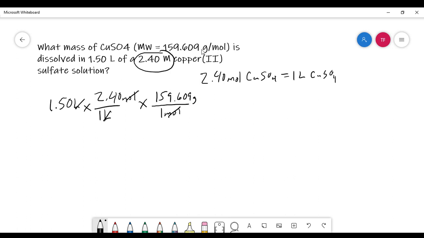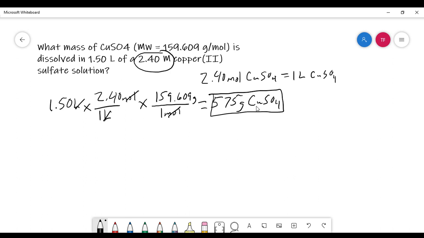Now, I've given you the molar mass, but you definitely wouldn't have to be given that. You may have to solve for that on your own. Go to the periodic table and add up copper and sulfur and 4 oxygens to get the molar mass of copper(II) sulfate. If you do this math, multiply across the top, divide by the bottom, you end up with 575 grams of copper(II) sulfate. This is a calculation that I do all the time in lab when I make solutions for the labs that we do.